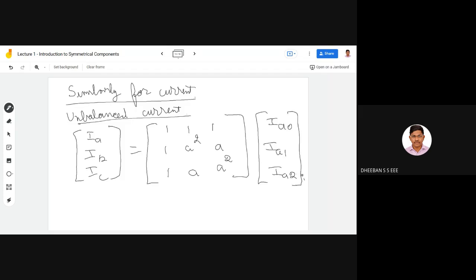So this corresponds to your unbalanced current. The same thing you have done for your voltage is applicable over here.